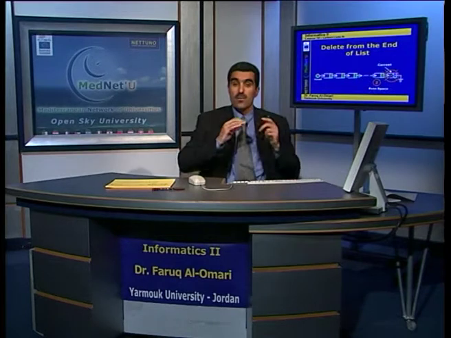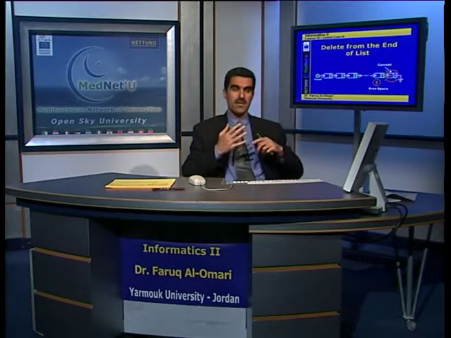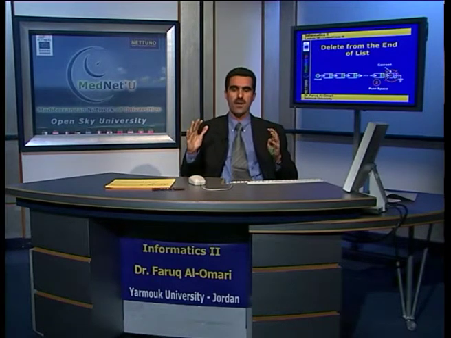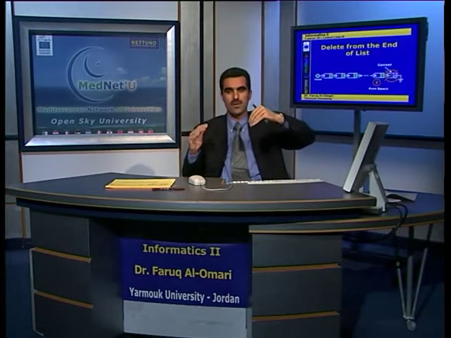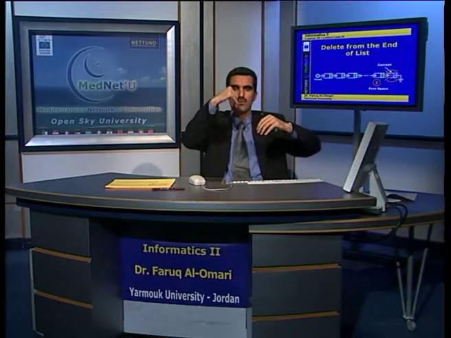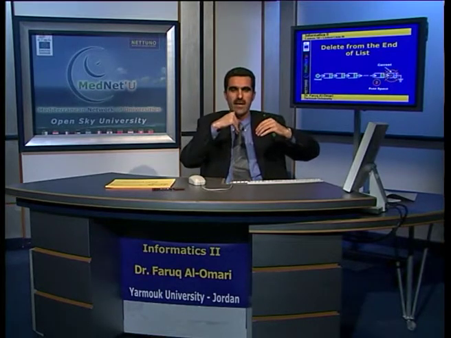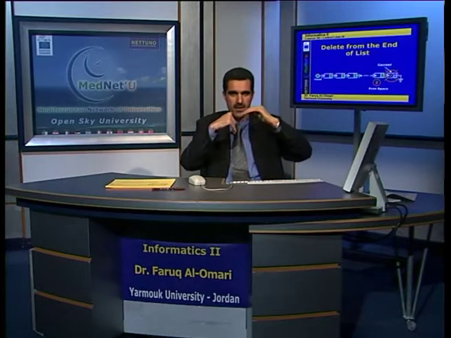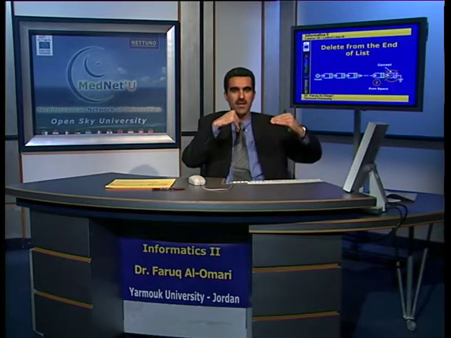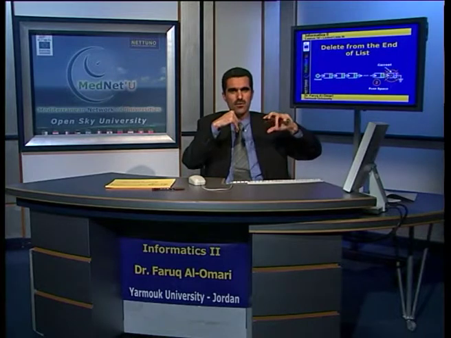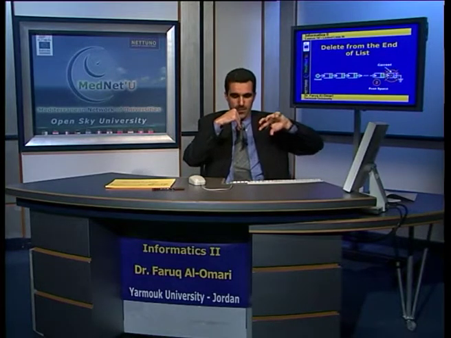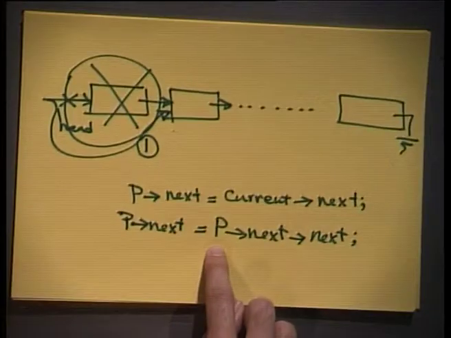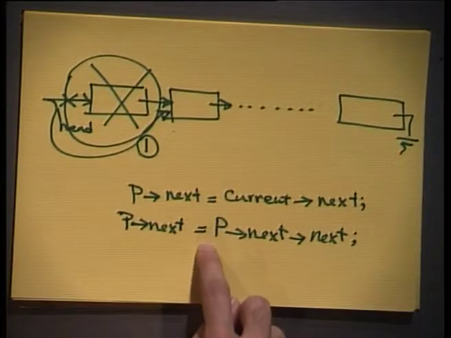So again, whether the scenario we're talking about is at the beginning or from the middle or at the end, it's pretty much the same. You have to set positions first to point to the node you want to delete and to the one just before it, because you're going to use the pointers from that. And then the second one, make whatever node before the current node point to the one next to it, through either this statement or this statement, because physically they mean the same.